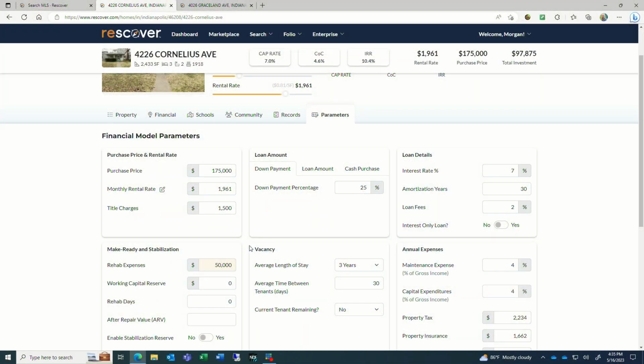So with a standard mortgage, let's say we get a loan on the house and put 25% down, and then we're going to put another 50K in. Yep. So the property is worth 175 as is. We're going to put 50 into it, so we're going to get more than just 50 out of it. Is it worth 250, 265 when we're done, you think?